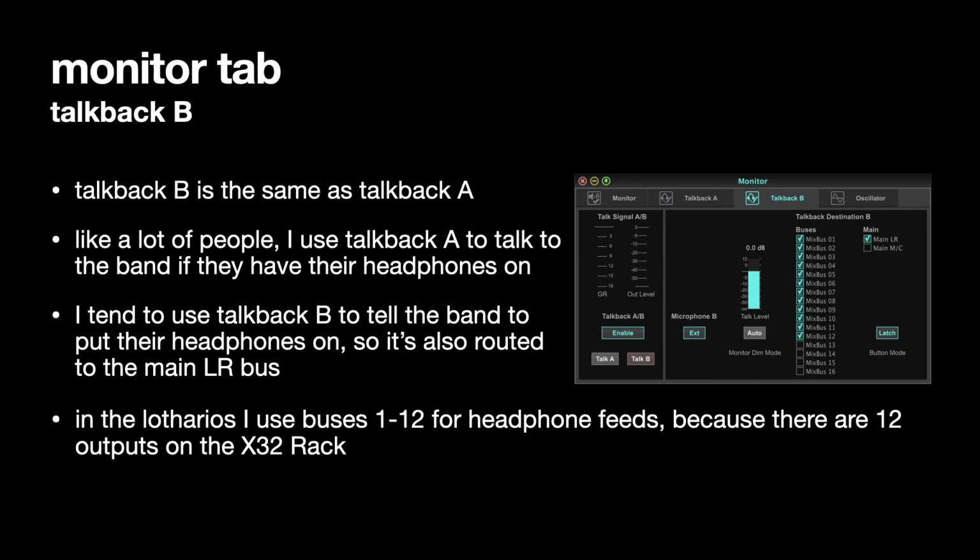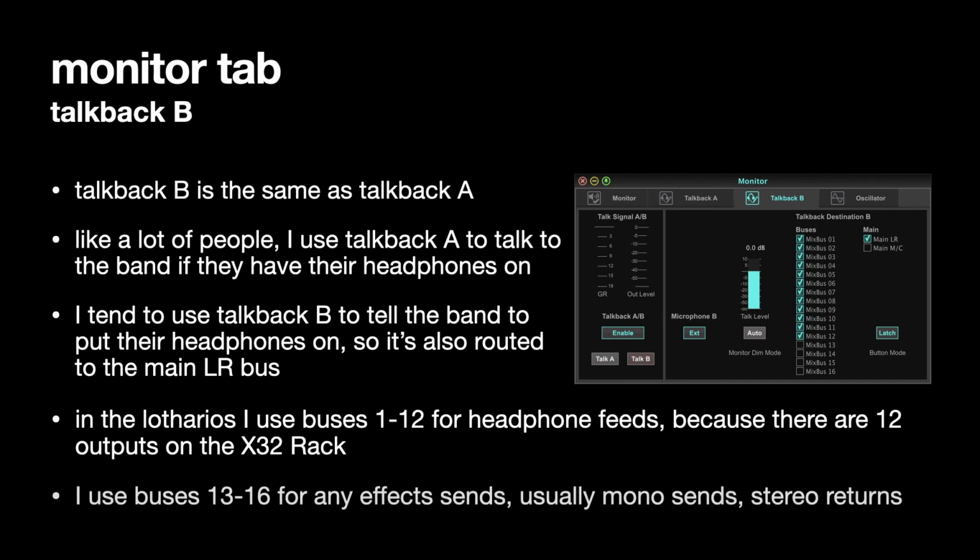In the Lotharios, I use buses 1 to 12 for headphone feeds because there are 12 outputs on the back of the X32 rack, so that's where I'm routing my talkback to. I use buses 13 to 16 for any effects sends, so there's no point in sending talkback to them because there's nobody to listen to the talkback.